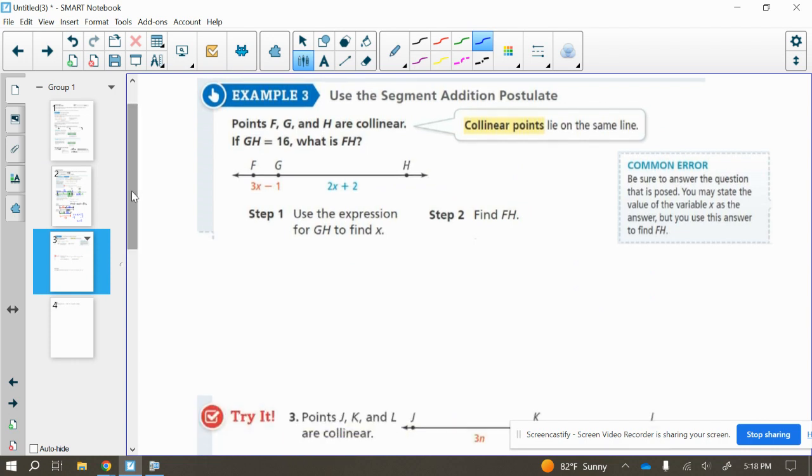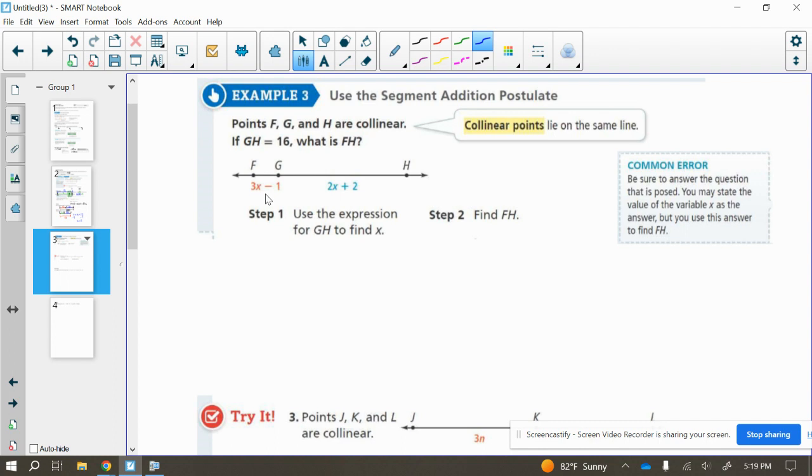Now, we can also deal with the idea of some algebra and solving in order to find our distances. Notice these are collinear points, telling us they are all on the same number line, just like we've been drawing. They are telling us that we have a segment FG, which is 3x minus 6.